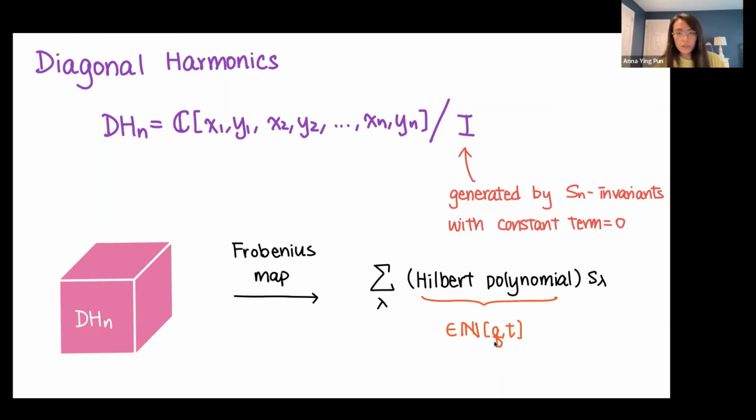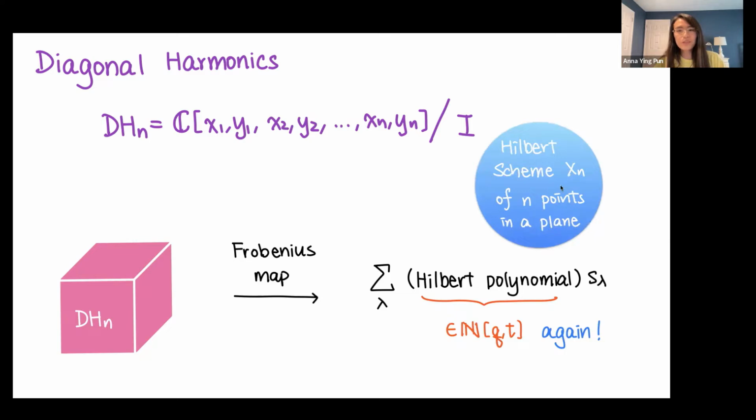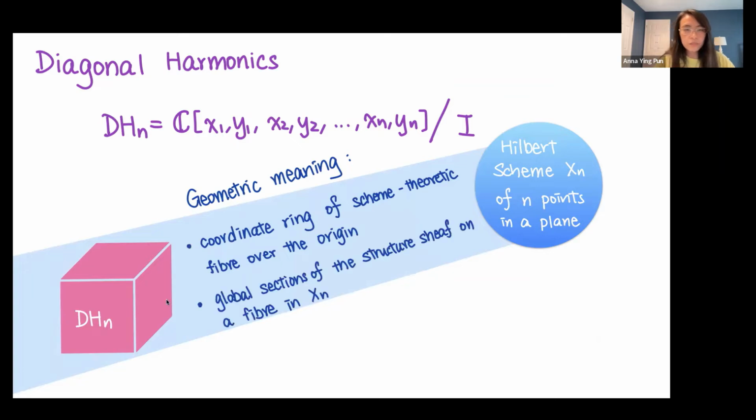So now Mark Haiman said, okay, maybe the Hilbert scheme can come in and help. He looked at this, and the Hilbert scheme gives a geometric meaning to this module. For example, the DHn is the coordinate ring of the scheme-theoretic fiber over the origin, the global sections of the structure sheaf on a fiber in Xn.